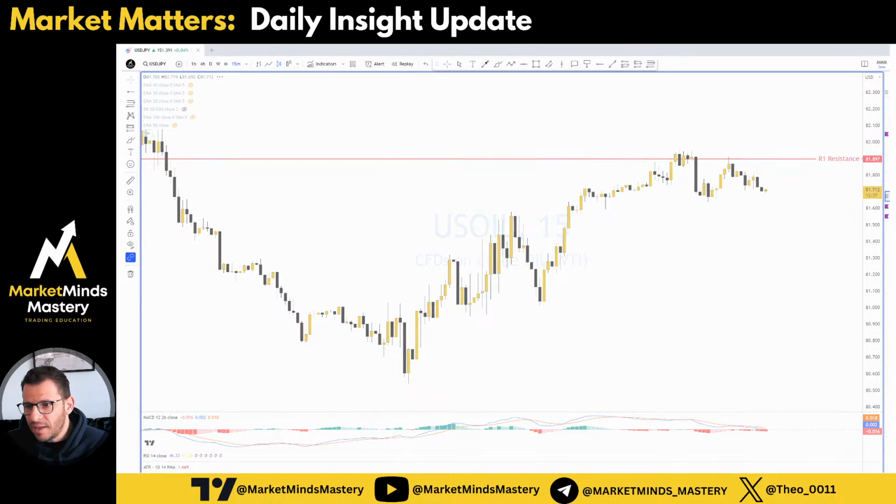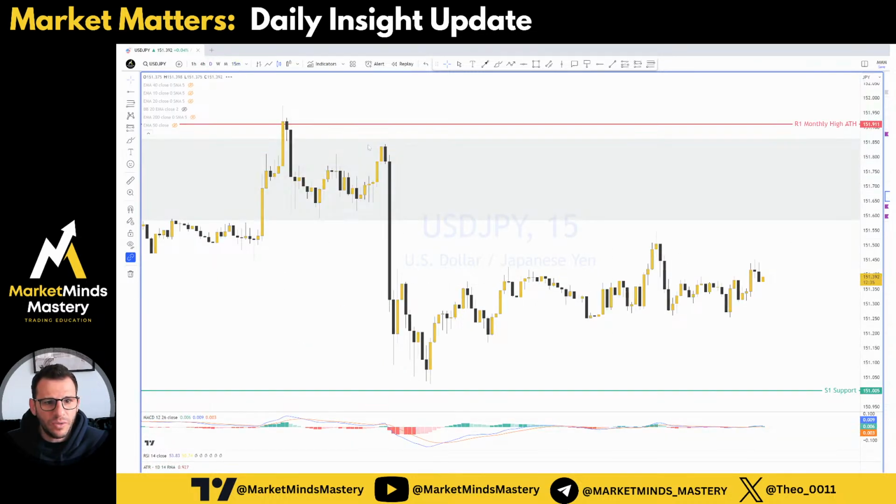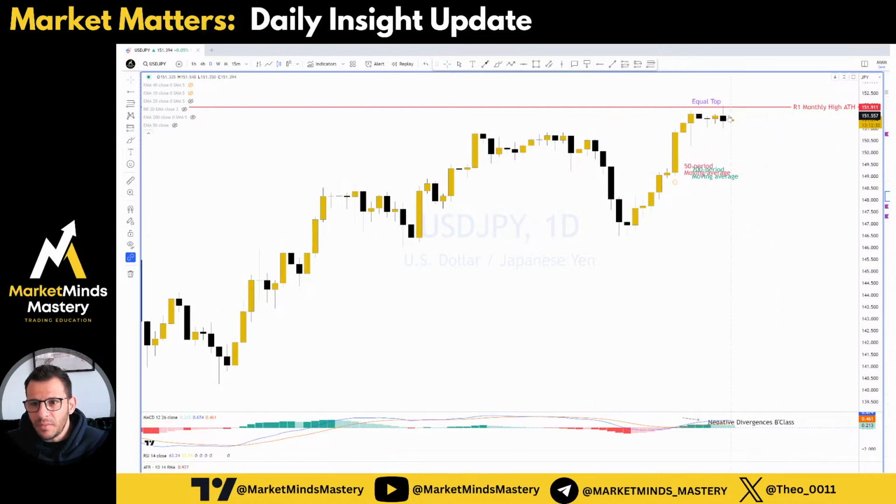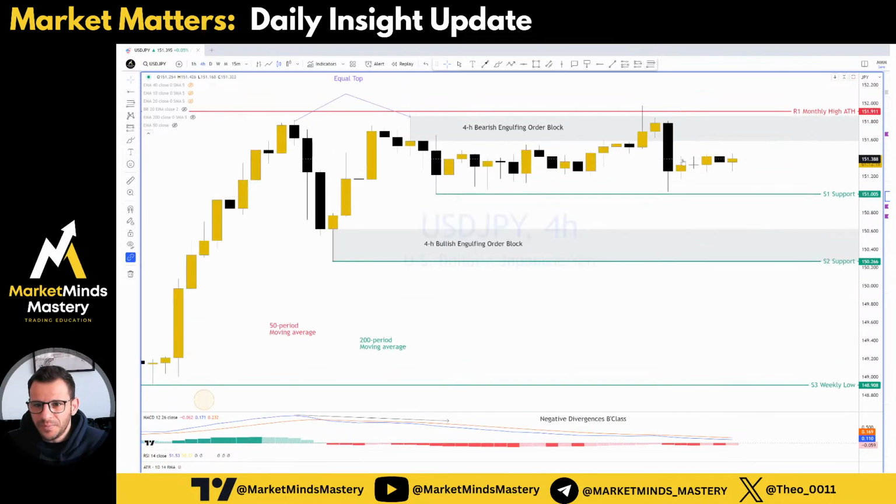USDJPY, I think it's another currency pair many of you are interested in. Yesterday, bearish engulfing here at the all-time high around 151, 152 Japanese yen exchange on the US dollar. Bearish engulfing, guys. We do expect to see decline here on the 4-hour time frame.